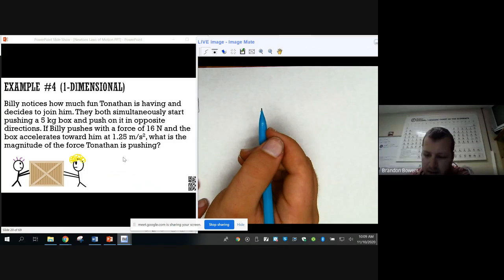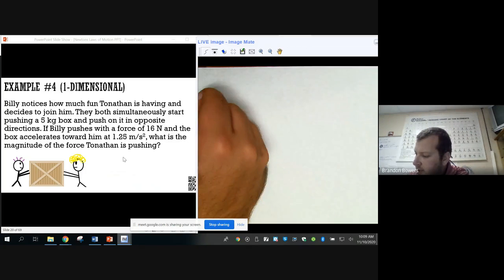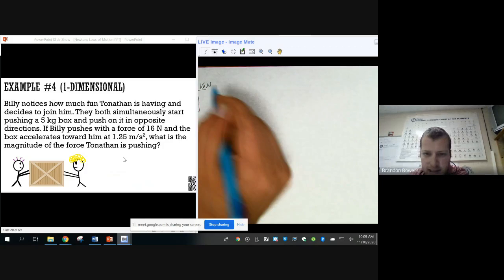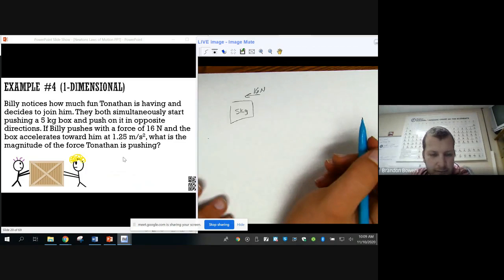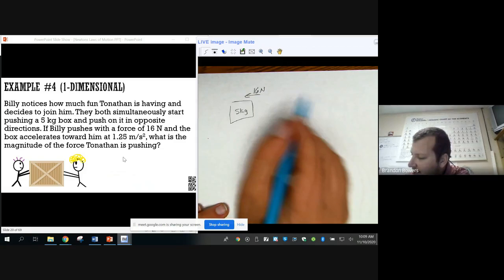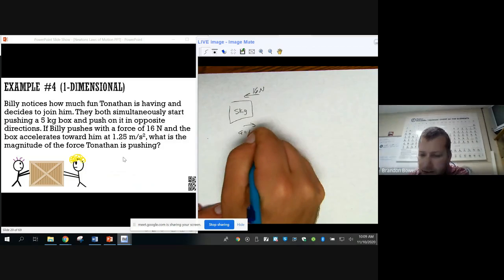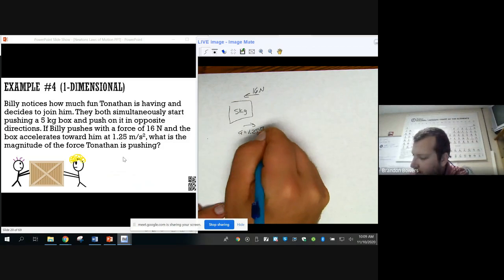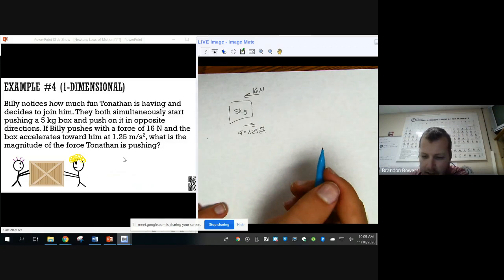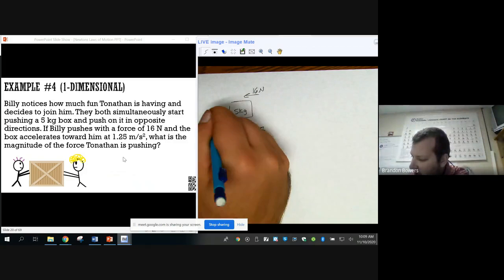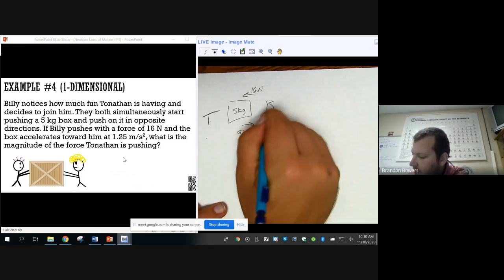Billy pushes this way with a force of 16 newtons. However, the box accelerates towards him at 1.25 meters per second squared. What is the magnitude of force Jonathan is pushing? So Jonathan was over here, Billy was over here.